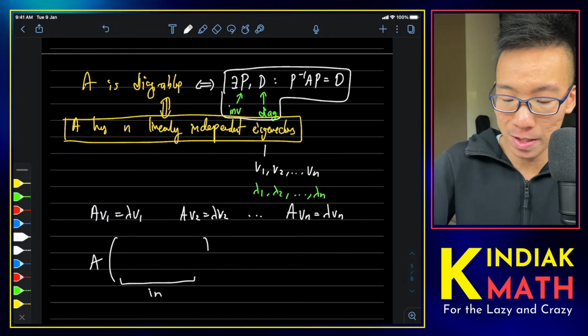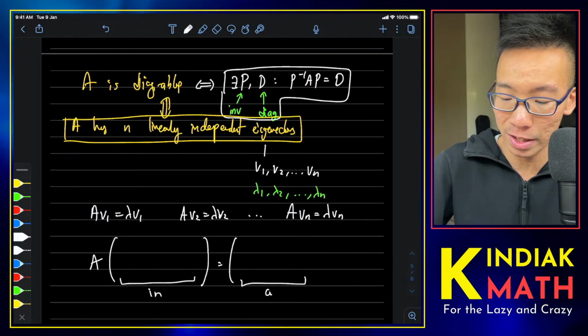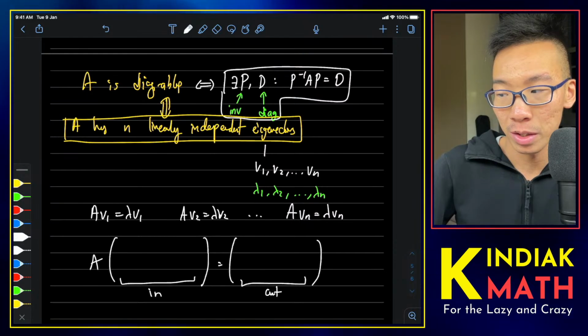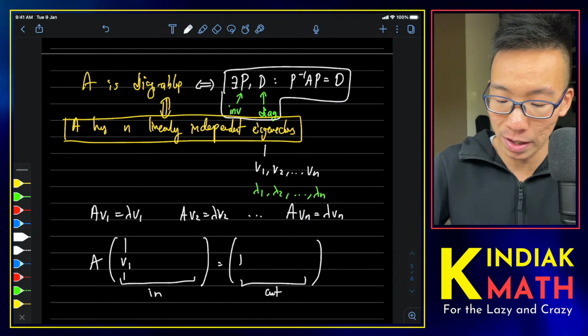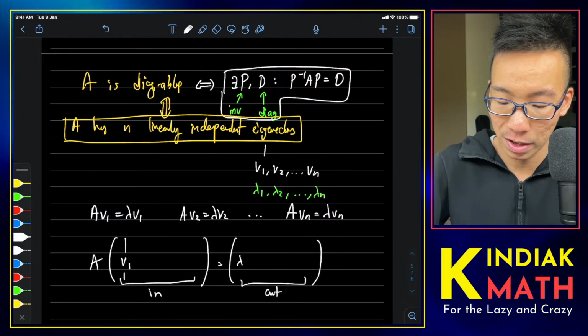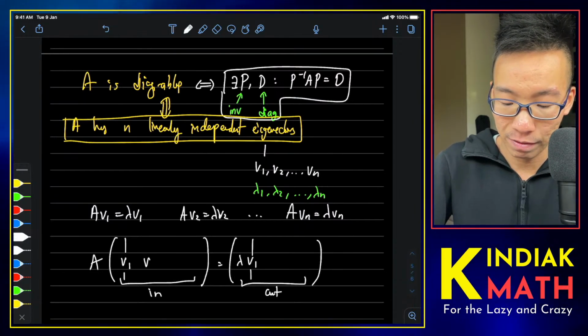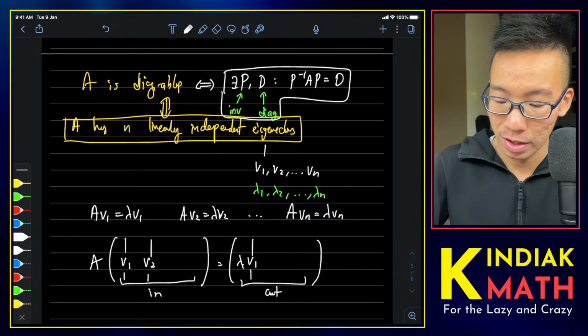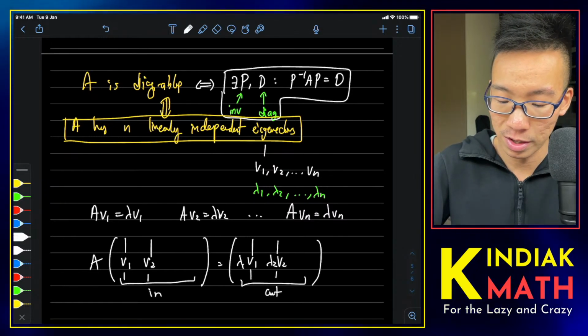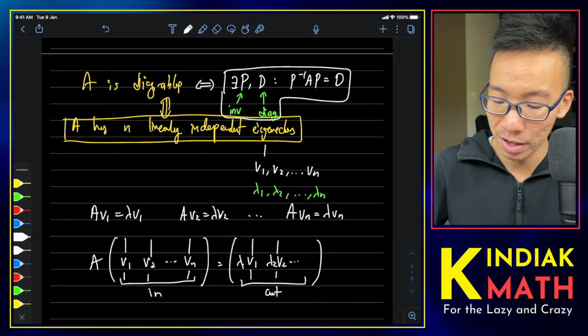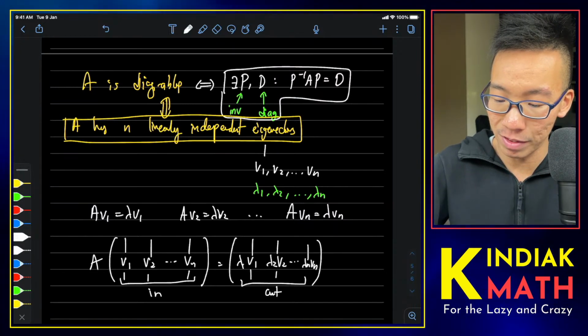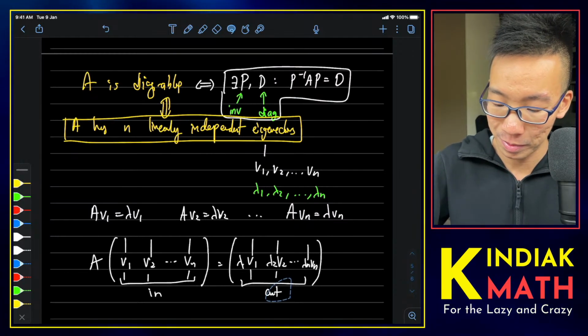We can stack the inputs together and we can stack the outputs together, right? But what that means is we can stack the input v1 with the output lambda 1 v1, v2 with the output lambda 2 v2, and vn with the output lambda n vn. Okay, this is really, really cool.